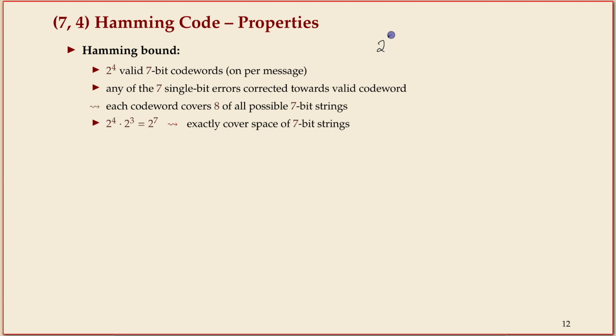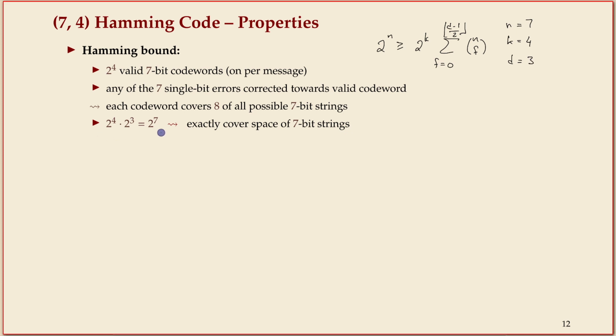So I had 2 to the n has to be greater or equal 2 to the k, and then you sum up the number of flip bits from 0 up to d minus 1 over 2 rounded down, and then n choose f. So what do we have to put here? The length of the blocks is 7. The number of the bits in the source thing is 4. And the distance is 3, as we just convinced ourselves.